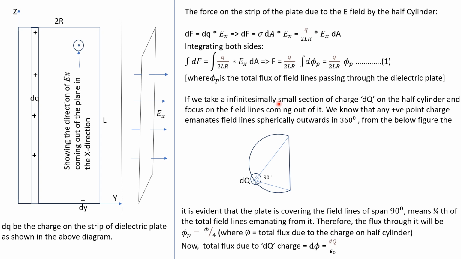Now if we take an infinitesimally small charge dq on the half cylinder and focus on the field lines coming out of it, we know that any positive point charge emanates field lines spherically outwards in 360 degrees. So it will have electric field lines in all directions in the 360 degree solid angle.